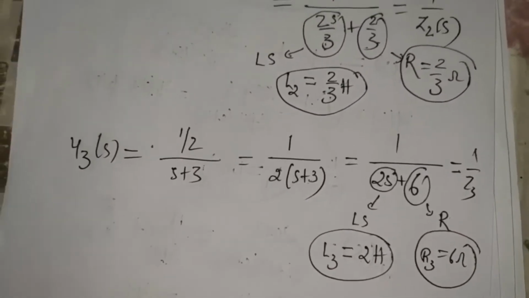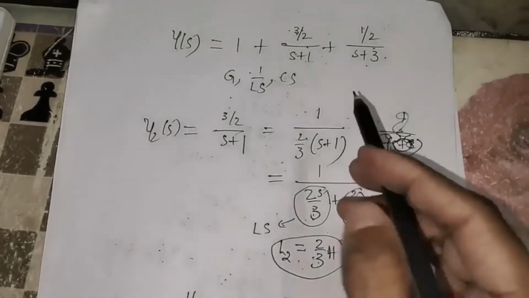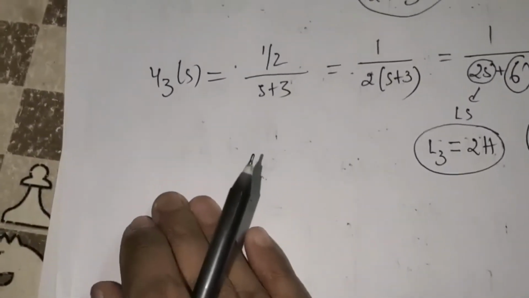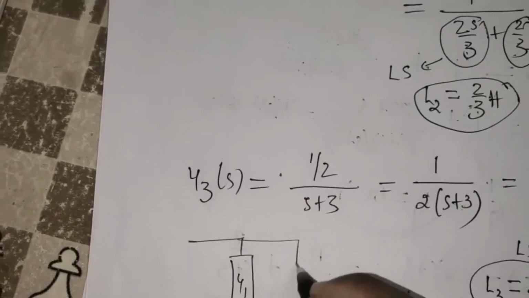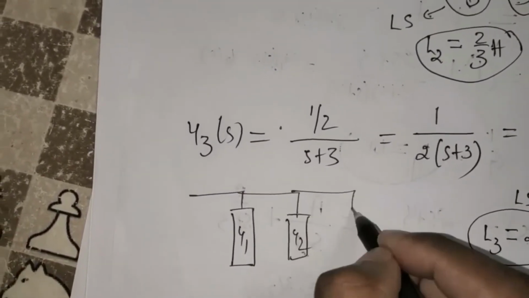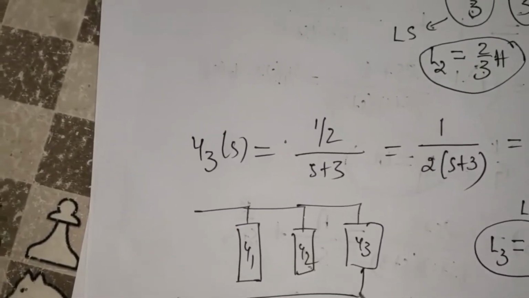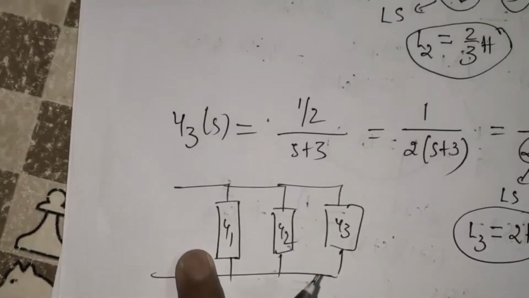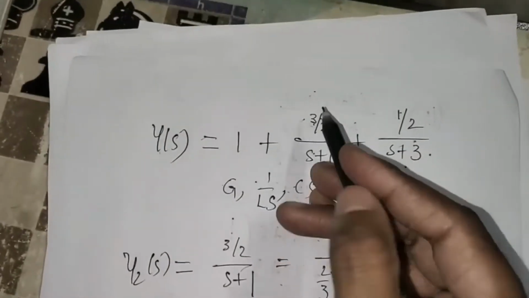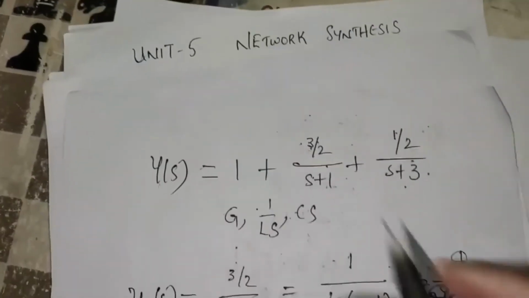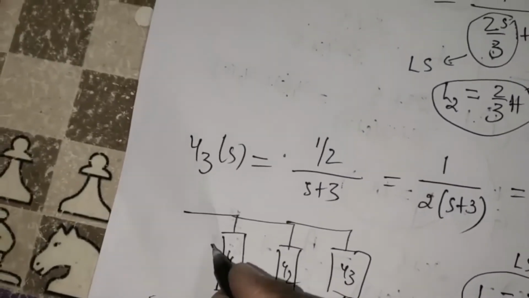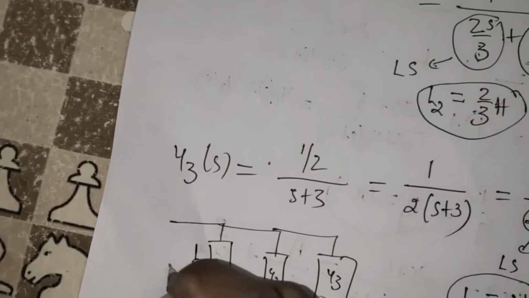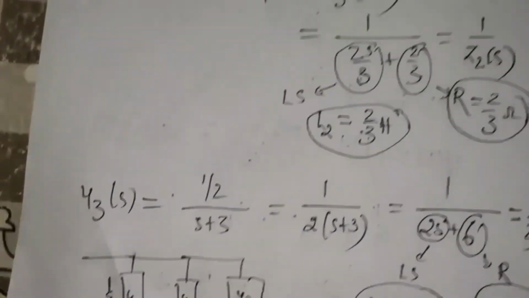Now we have segregated all the terms. The general representation of Foster's second form is y1, y2 and y3. Since y1 is G, R1 value is 1 ohm, so instead of y1 I'll get a resistor of value 1 ohm.